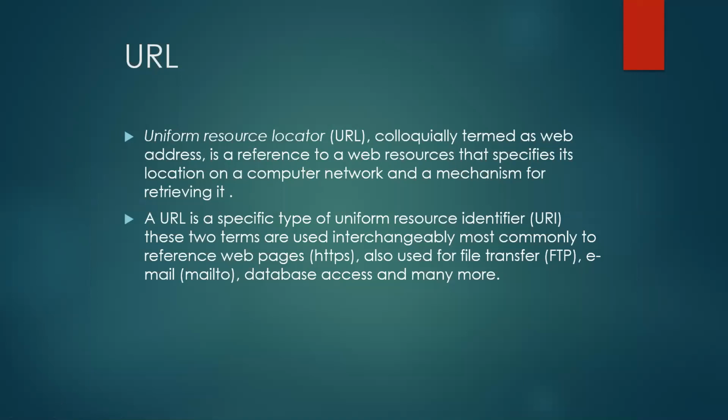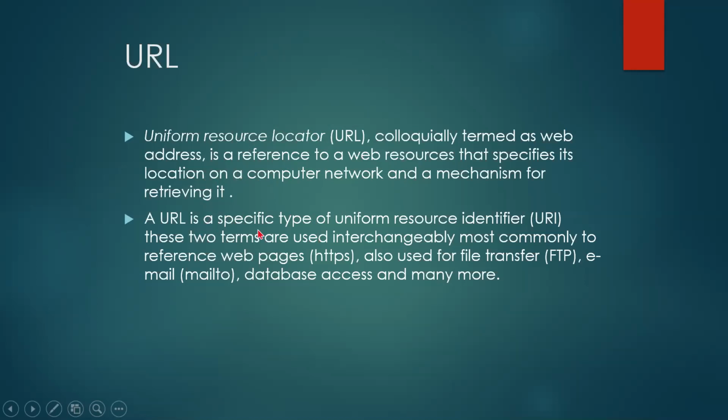It is a uniform resource locator, which is colloquially called web address. It is a reference to a web resource by which it specifies its location on a computer network, and it also provides a mechanism for retrieving it.